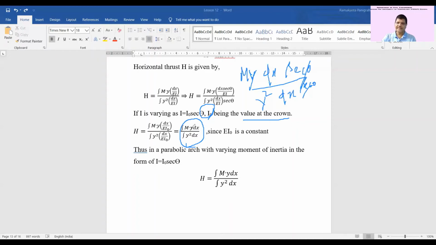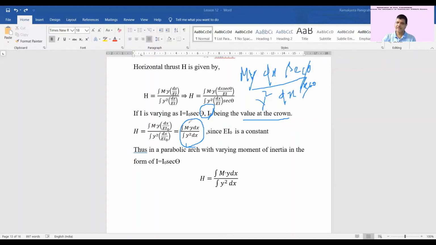So you can integrate these with x varying from 0 to L, and y square dx can be found out separately. y is equal to 4h by L square into x into (L minus x), and M is again in terms of x, Va into x or something, depending on loads.